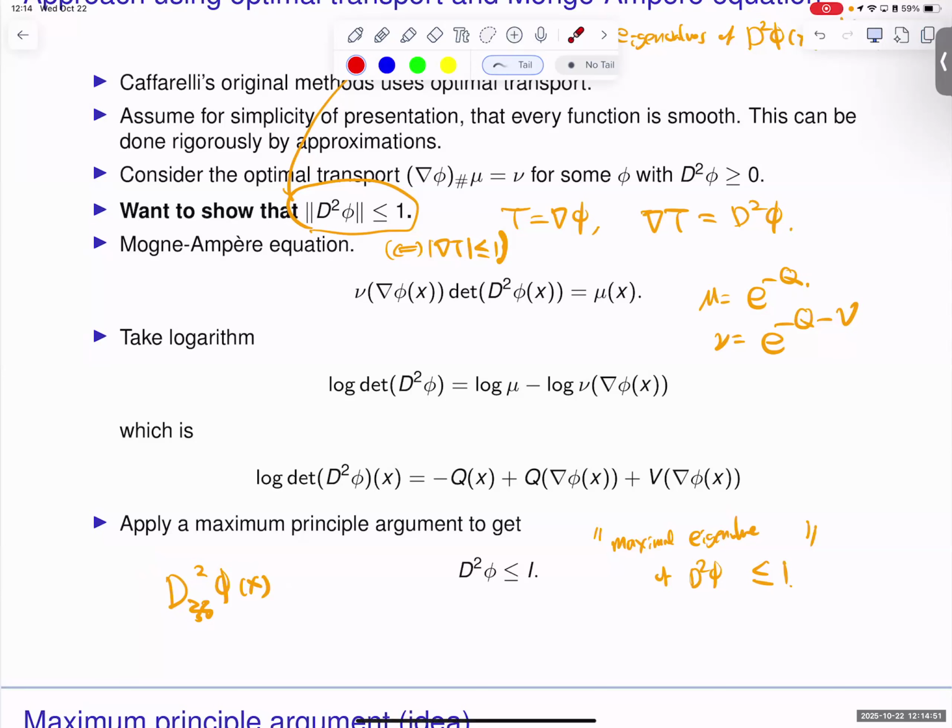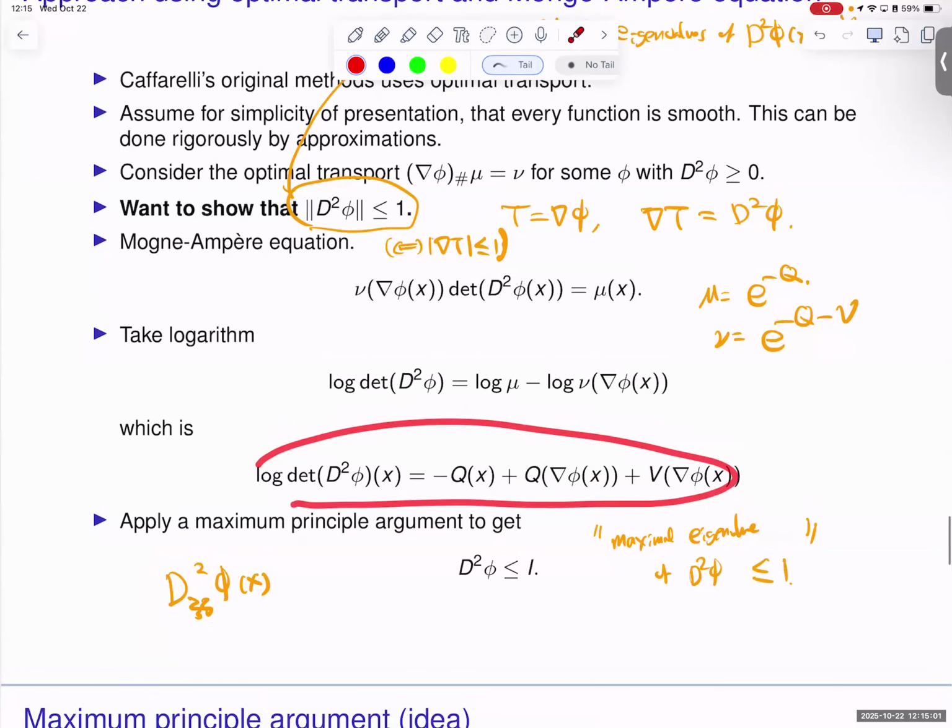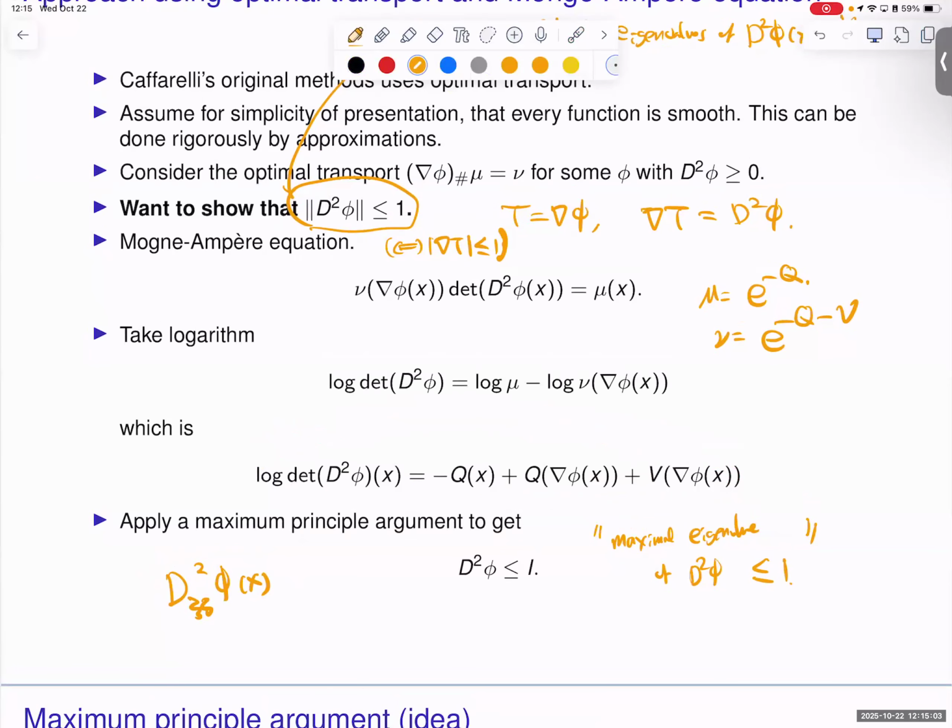Then, at that point, using the maximality, you analyze this equation. What is the idea? At a maximum, if you differentiate this once in x, that should be 0, right? It's a maximum, so it's a critical point. And if you differentiate it twice, then it should be non-positive.